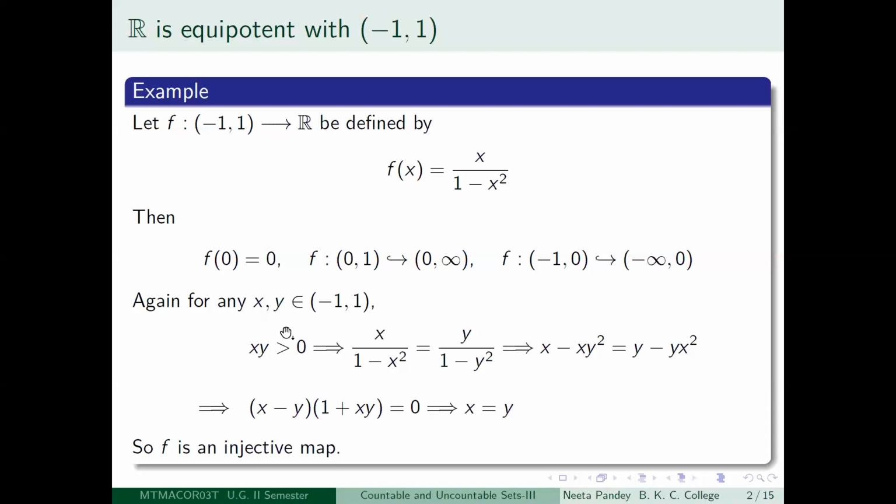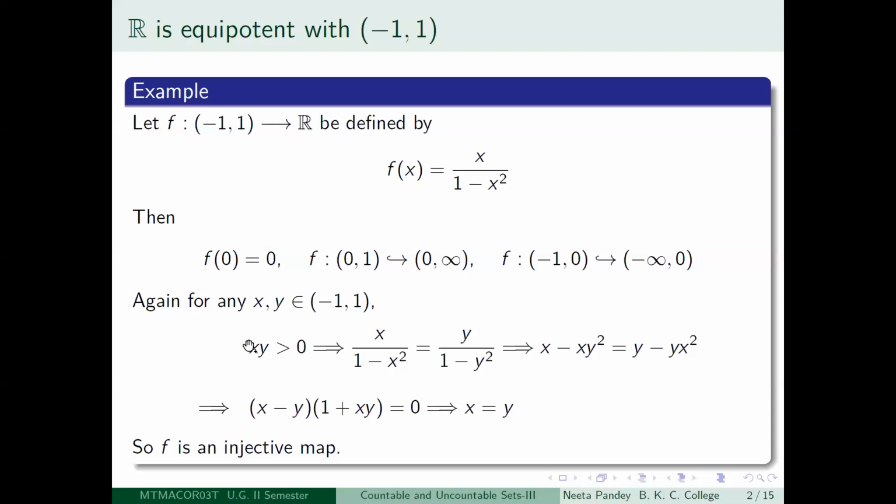So this is a short way of saying that we are choosing x and y in -1 to 1 so that the sign of x and sign of y remain the same. This is the only part which is left out to check the injectivity of f.